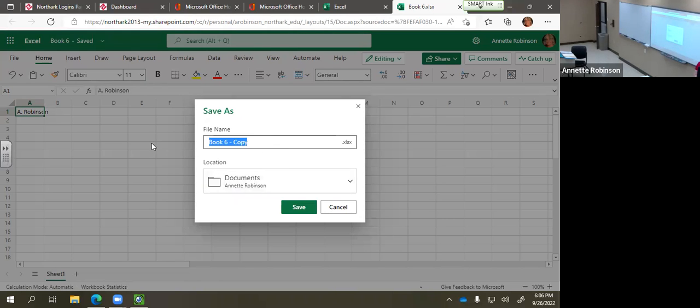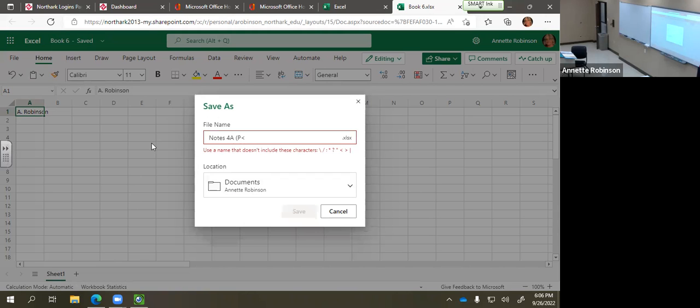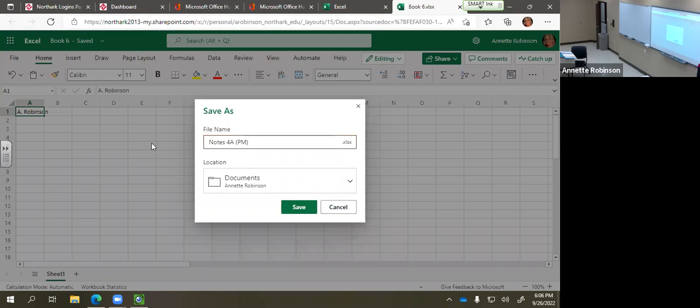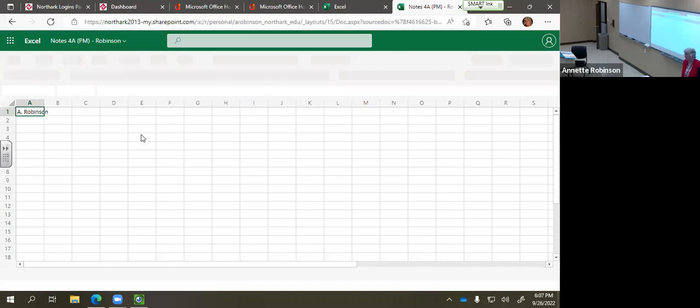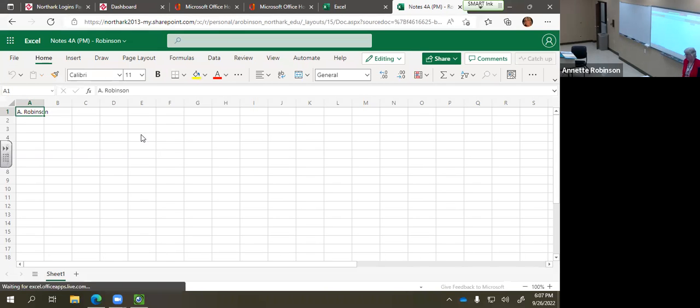I'm going to let it go to my documents. I'm going to call it notes for 4A. I'm going to put in parentheses PM so that I don't mistake them for my day class, if that's okay with you. And I'm also going to make sure that my name is given again. So this is notes from 4A that we're doing, so that's what I named it. I know it's going to automatically save, but I'll double check it, saving it every once in a while. Any luck, Gabe?